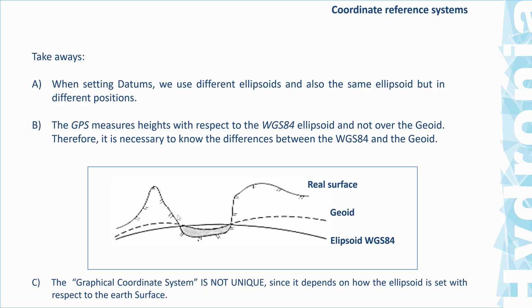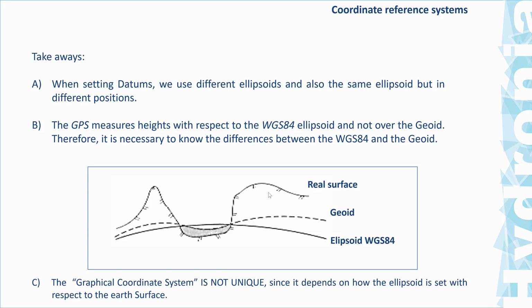Then you have the real surface, and then you have the geoid that is generated by equipotential lines based on gravity. So you see here that there are differences, and that is not a problem provided that you can know for a given DEM what are the differences between the ellipsoid, that is the one used for GPS, the geoid, and the real surface.